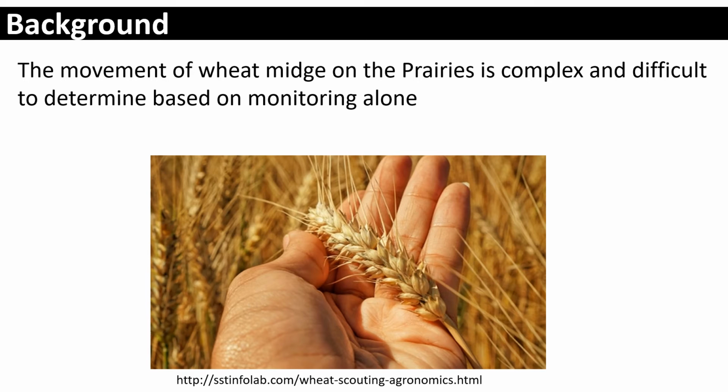Wheat midge monitoring currently relies on time-consuming in-field counts on a daily basis during the susceptible crop stage. However, determining the movements of mobile insect pests like wheat midge is difficult based on monitoring alone. So we proposed molecular methods as a tool for wheat midge monitoring.